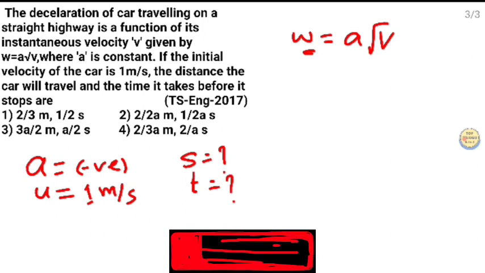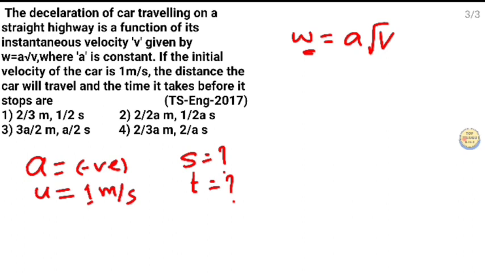So for distance s, for determination of displacement, the acceleration is written in the form of displacement. So we know the acceleration a is equal to, minus means deceleration, a is equal to v dv by ds.